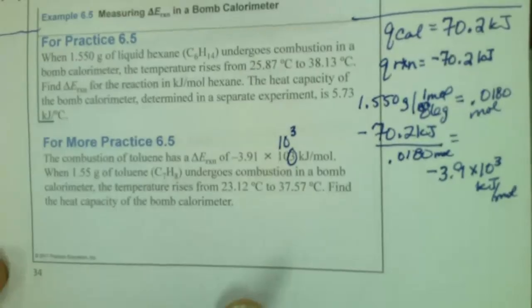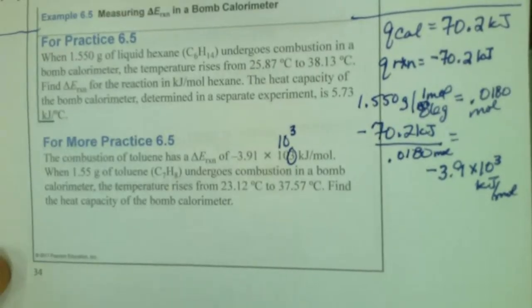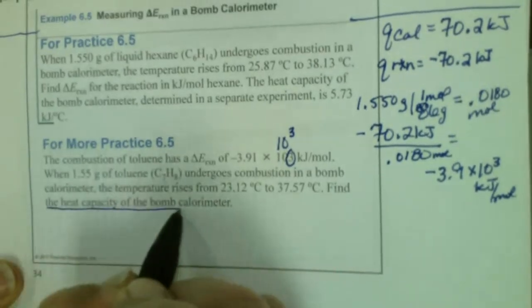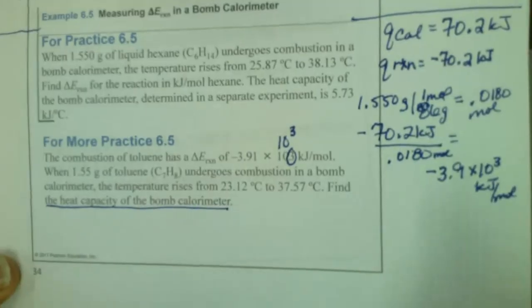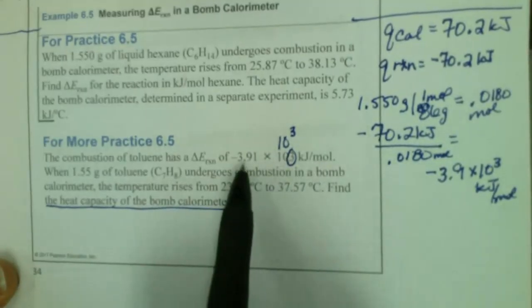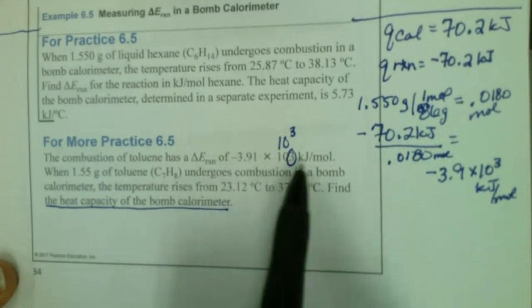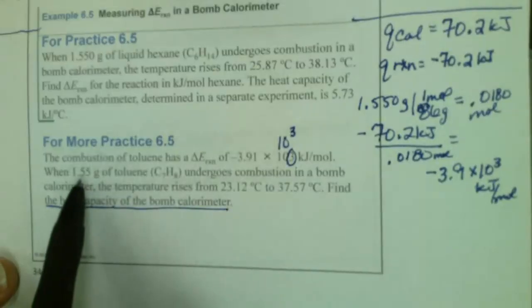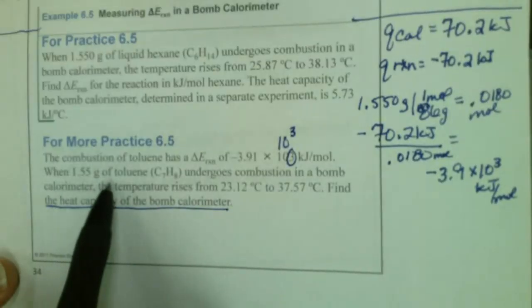Okay, so here, our Q for the calorimeter is what we're looking for. Okay, we know the E for the reaction in kilojoules per mole. So we have 1.55 grams of toluene that we combusted.